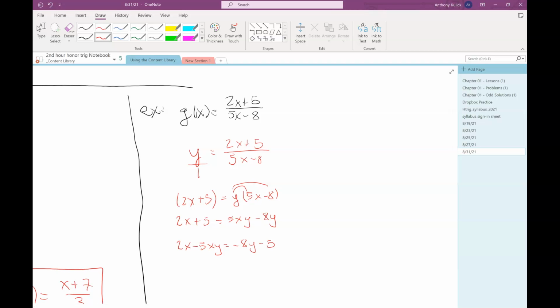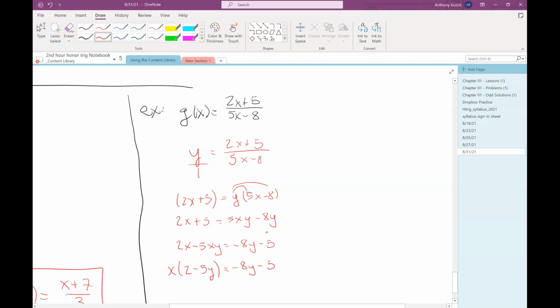Now if I look at the left-hand side, there's a greatest common factor of x. So I'm going to factor that greatest common factor of x off. And that has changed from having x's in two places to having x in just one place.